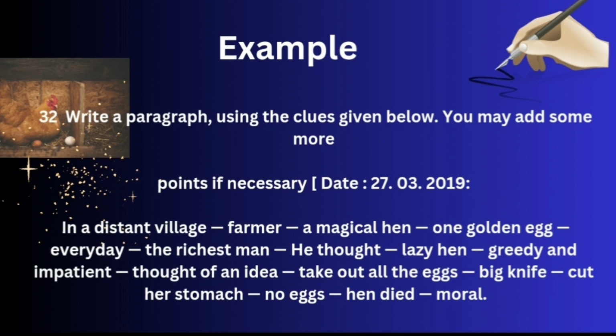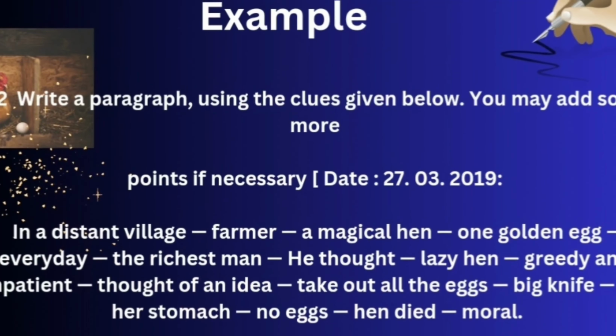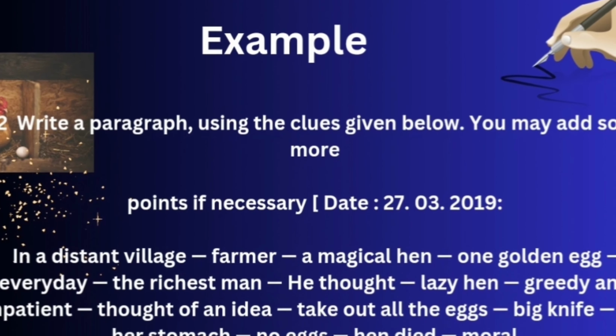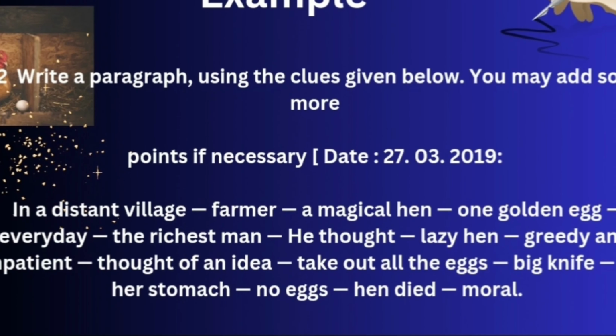Friends, most of the time this question comes at serial number 32, and in previous years' question papers it was given as a choice question, but nowadays it is coming as a full question at serial number 32. The question comes in this way: develop a story by using the clues given below.